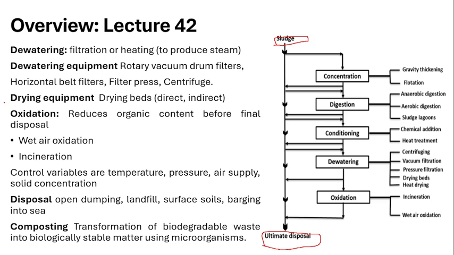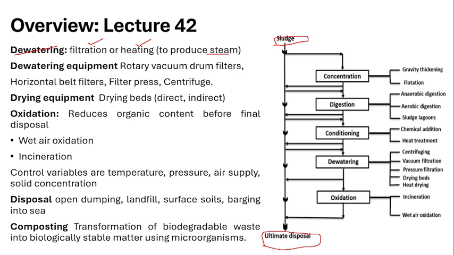So now coming to the dewatering. So as the name indicates, we are going to remove the water from the sludge matter. So removal of water can be done either through the filtration, okay, or by using the heating method. So in the filtration, the water is allowed to pass through the filter. In the heating, the water will get transformed into steam.